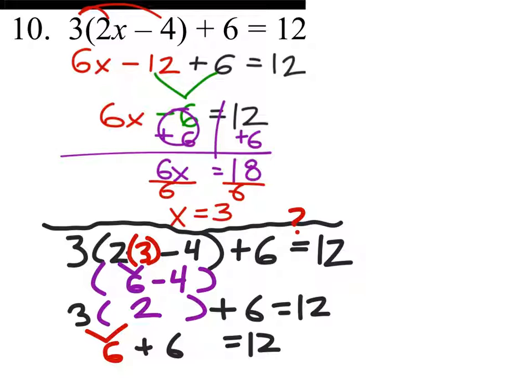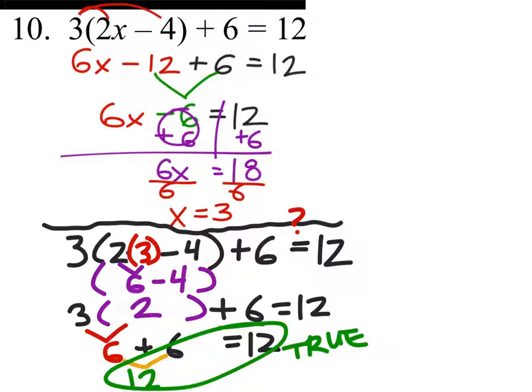And what's 6 plus 6? 12. Yeah, that's going to be 12. So does 12 equal 12? Yes, that's true. Since this is true, we know that this is true as well. And we could know on a test that x is 3, and we could be done there, okay? Unfortunately, again, only about 1 of you will do it.